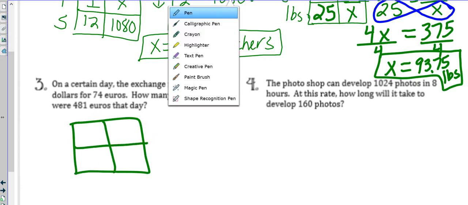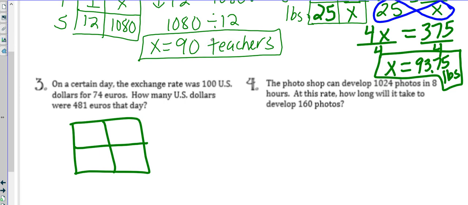And my 2 units that I have are dollars and euros. So I have dollars on top and euros on the bottom. So go ahead and stop the video and set up and solve your proportion, and then restart it when you're ready to check your answer.